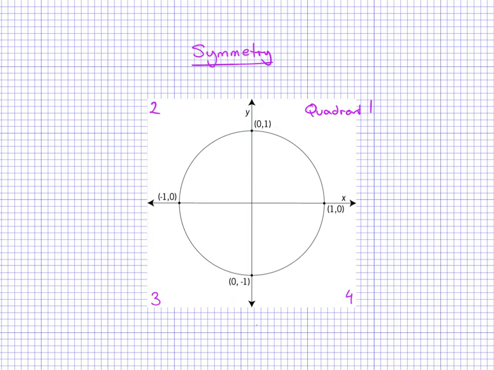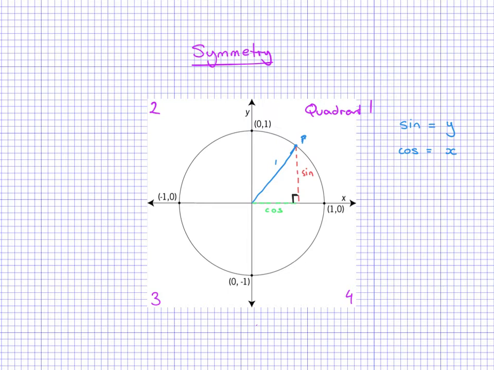Now, next thing is you might remember that we're mapping a point on the circumference of the circle. The circle has a radius of 1, being the unit circle, and then the point's location is given by sine and cosine. Now, you can see that sine is the y value of the point and cosine is the x value of the point.